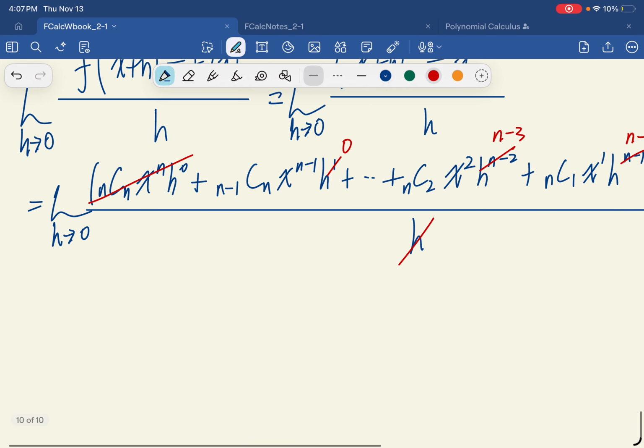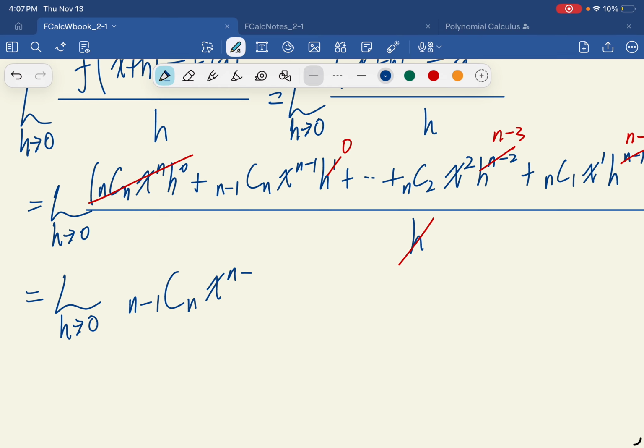Okay. And now let's rewrite the limit. Limit h goes to 0. The first term is n minus 1 Cn, x to the n minus 1, plus, and then the next term will be, so h to the power of 0 is 1, right? So that h won't be here anymore. n minus 2 Cn, x to the n minus 2, h to the power of 1, right?